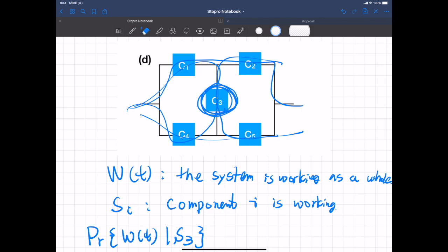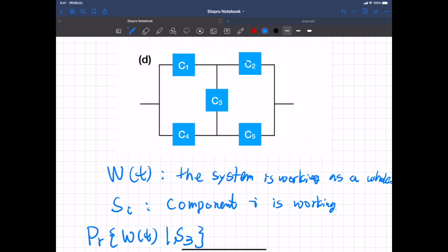Let's consider some concrete cases. If C1 is working, then since C3 is working, we require C2 or C5 to be working.